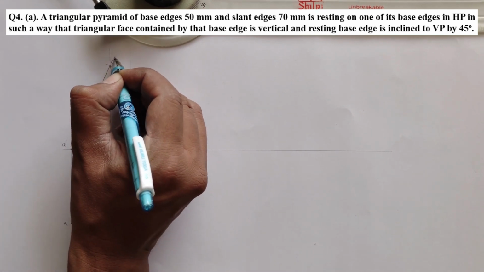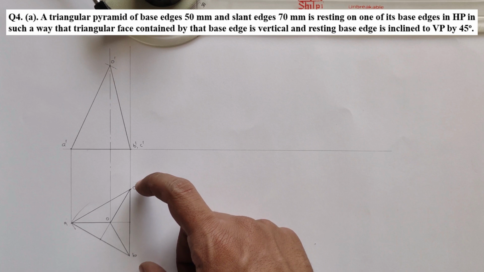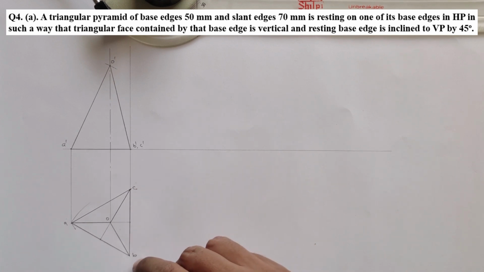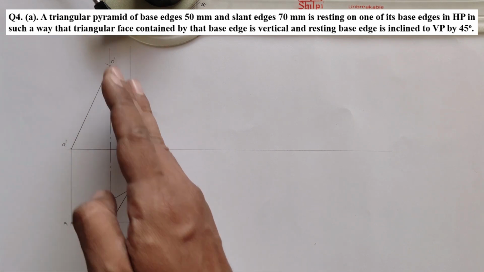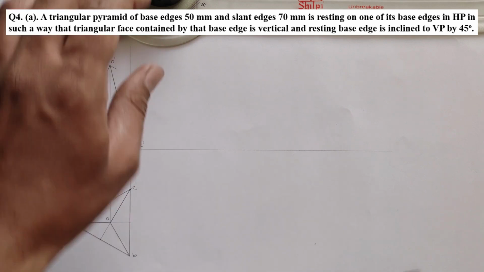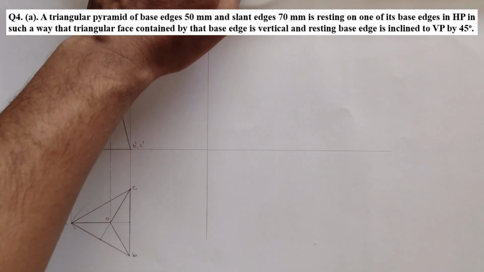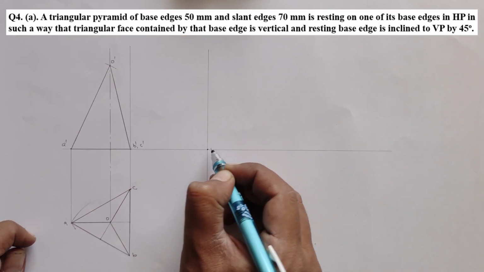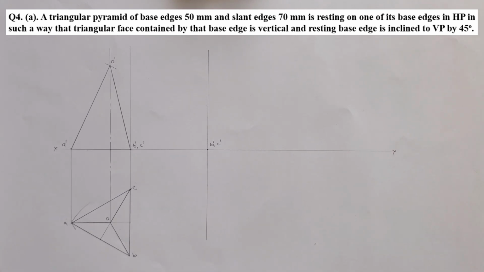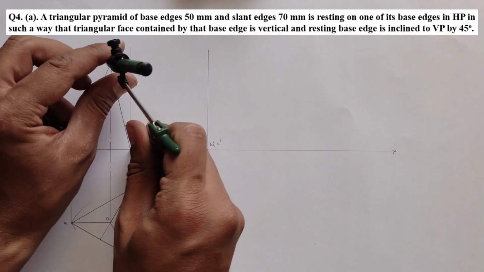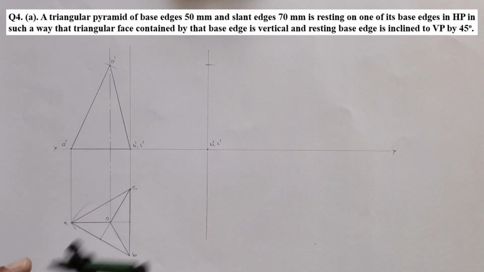This is O dash, that is apex. Now the question says the triangular face contained by the resting edge. The resting edge is BC and the triangular face containing that edge is BOC. This face is not inclined, rather it is perpendicular to HP. So you have to draw a vertical line here. This is the resting edge, so these points will still be on the XY line. Take this distance BO in your compass, cutting an arc.